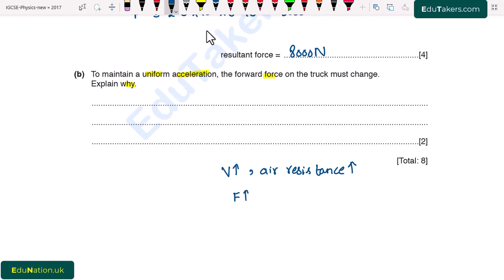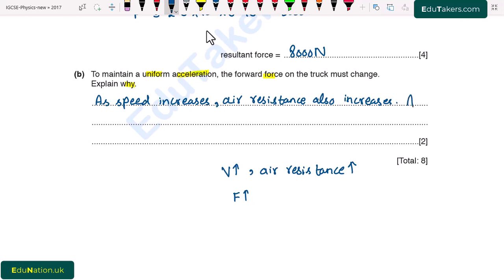So I write here, as speed increases, air resistance also increases. Here air resistance is basically the opposing force.